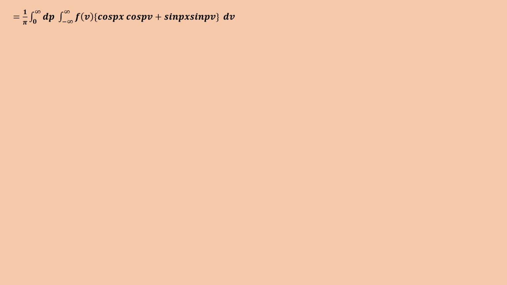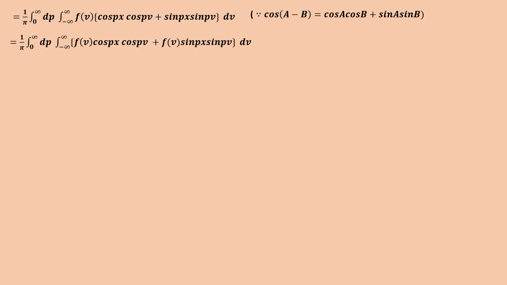We are using the cos(a minus b) formula, cos a cos b plus sin a sin b: cos px cos pv plus sin px sin pv, into dv. That is equal to 1 by pi integral 0 to infinity dp integral minus infinity to plus infinity of f(v) cos px cos pv plus f(v) sin px sin pv dv.